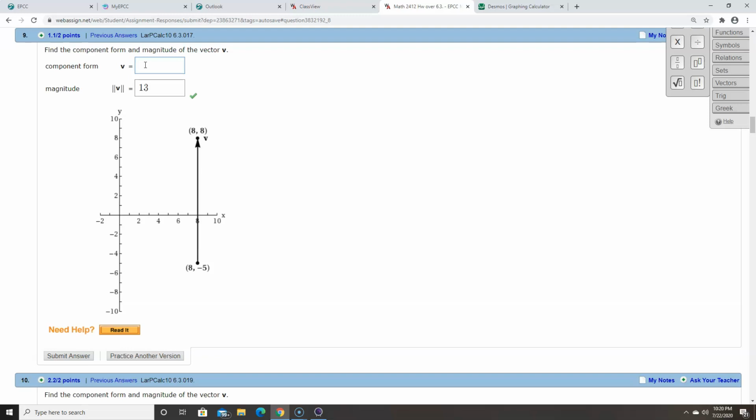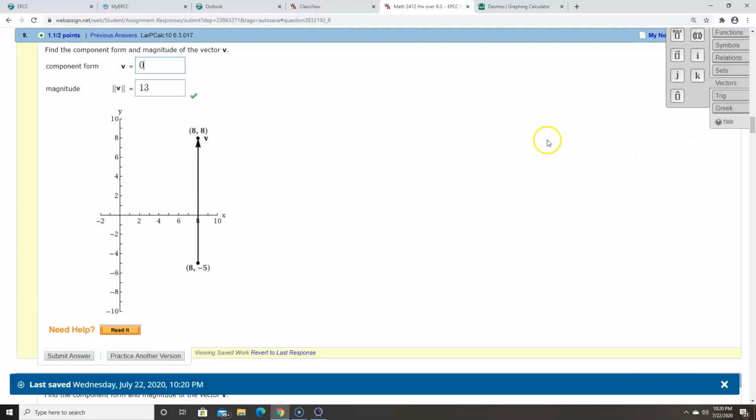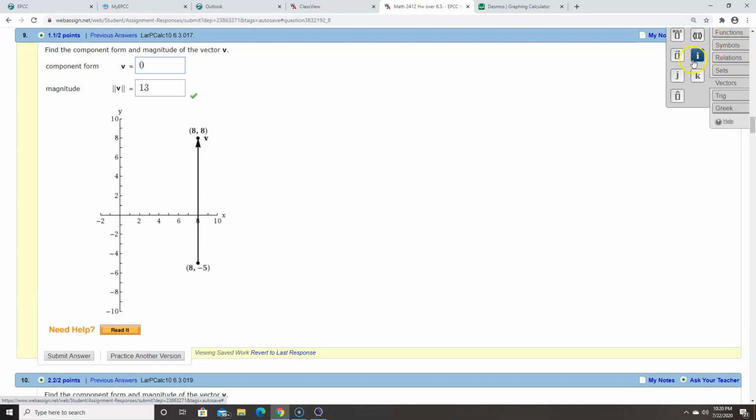By the way, when you go to vectors for a linear combination of i and j, and you write 0, you have to use this i. If you use the i on your keyboard, most of the time it marks them wrong, but every once in a while I've noticed it marks them correct. I don't know if that's just a programming slip-up from the WebAssign people or what, but most of the time they're wrong.